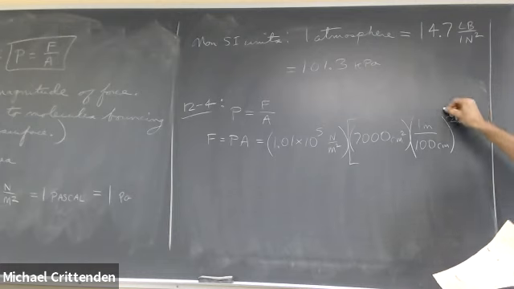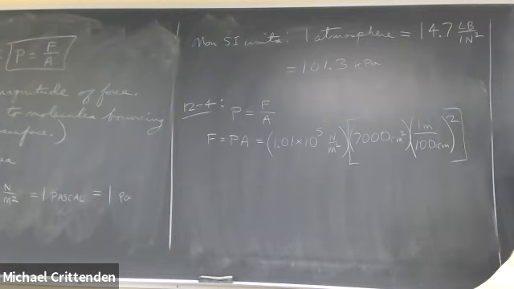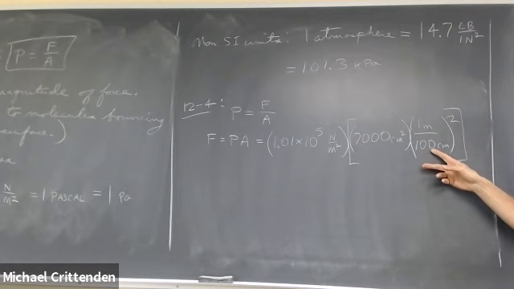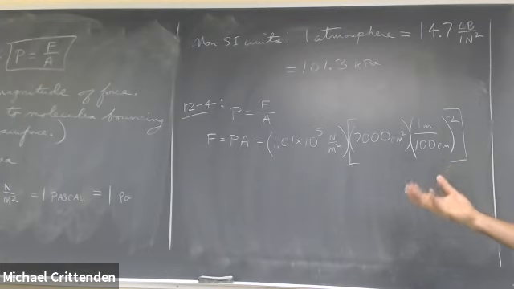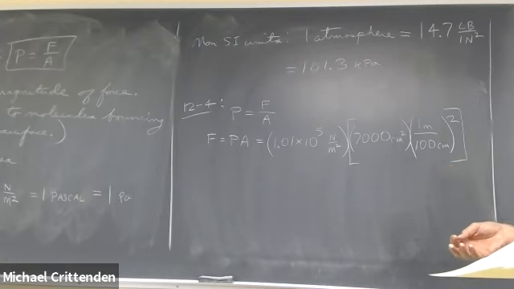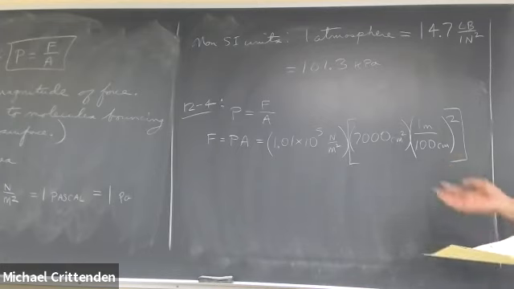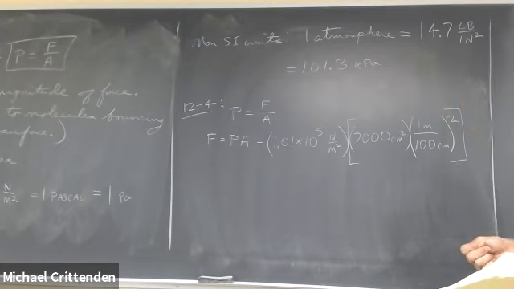There are 100 linear centimeters in a linear meter, but there are 10,000 square centimeters in a square meter. And for that matter, there are 1,000,000 cubic centimeters in a cubic meter. So you have to move the decimal 4 places.